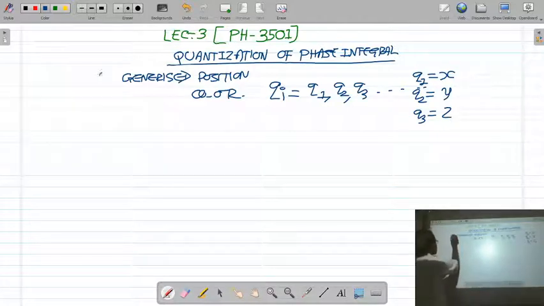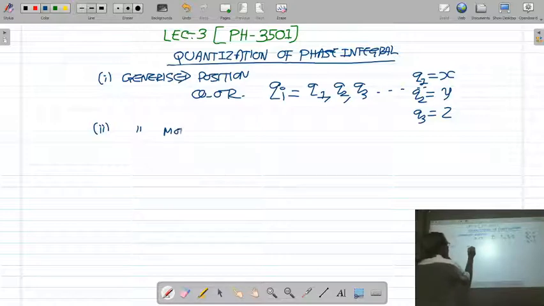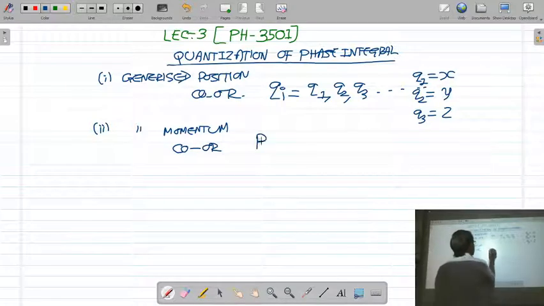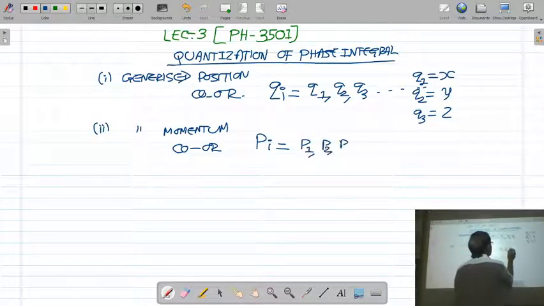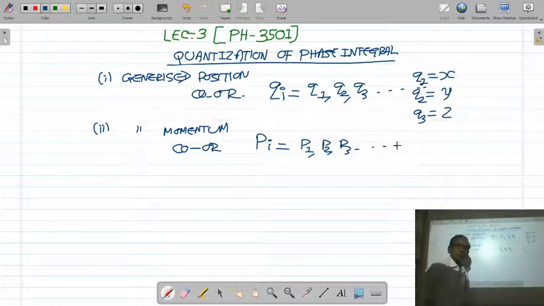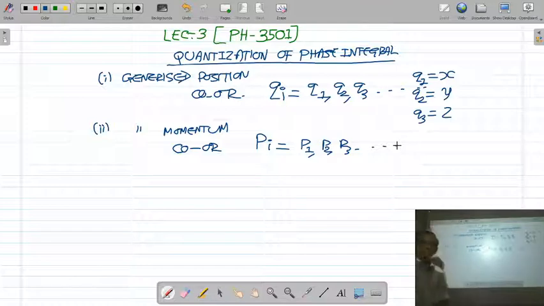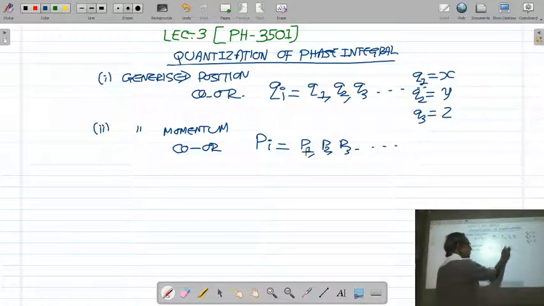And generalized momentum coordinates are denoted by Pi: P1, P2, P3 and so on. So generalized position coordinates are denoted by Qi, that is Q1, Q2, Q3 and so on, and their canonically conjugate momentum coordinates are denoted by Pi, that is P1, P2, P3 and so on.